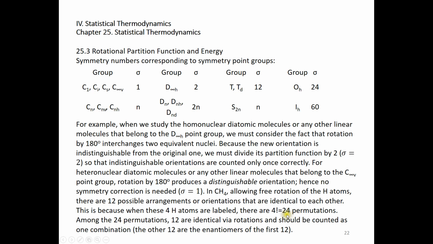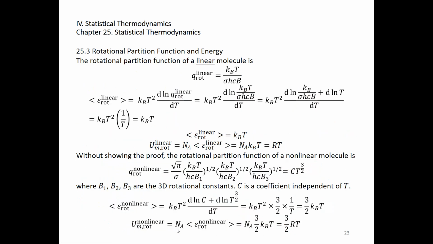But among these 24 permutations, for the 4 labeled hydrogen atoms, for example A, B, C, and D, half of them, that means 12 permutations, are identical via rotations and should be counted as just one. The other half of the 24 permutations are the enantiomers of the first 12. So this 12 is considered just one orientation, and this 12 are considered another orientation.